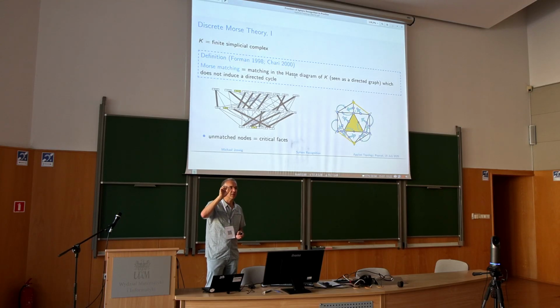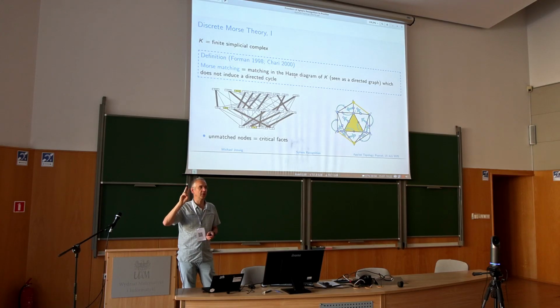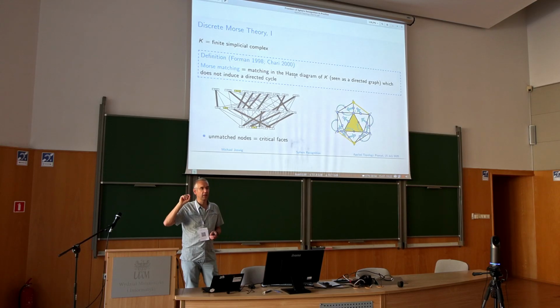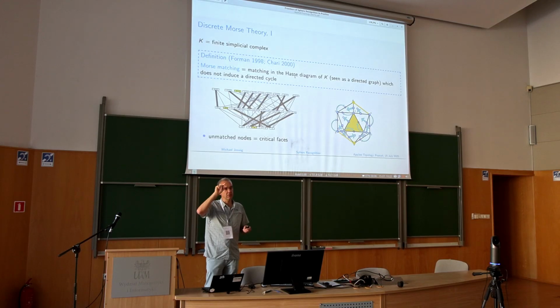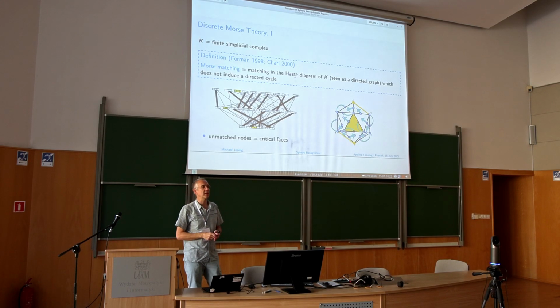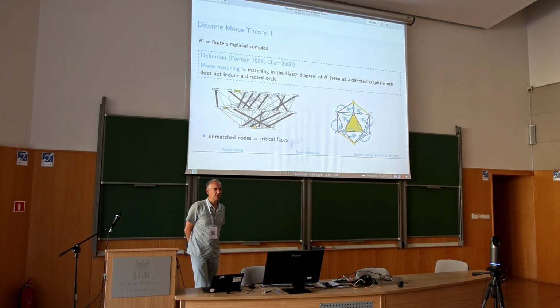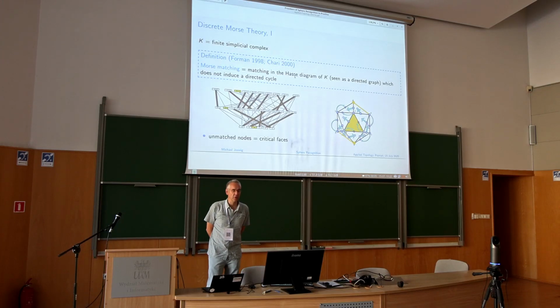Now you pick some of these directed edges, and they need to satisfy two conditions in order to be eligible for our game here. First, they need to form a partial matching, which means in the set of edges that you pick, you're not allowed to use the same vertex, meaning face of the simplicial complex, twice. So this is what it means for a subset of edges of a graph to be a matching, not necessarily perfect, so partial matching.